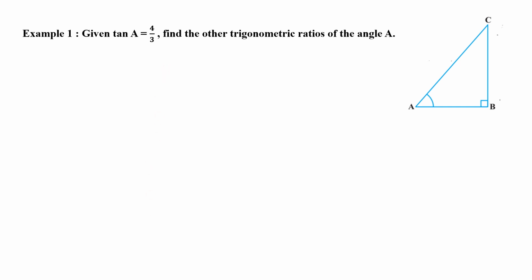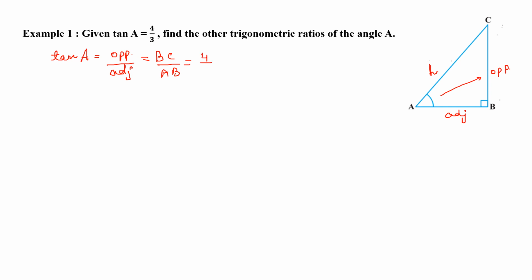Now tan A, what is this trigonometric ratio? It says that tan A is opposite by adjacent. And if this is angle A, opposite side is this, isn't it? This is your adjacent side and this is your hypotenuse. So if I write here, it will be BC by AB.